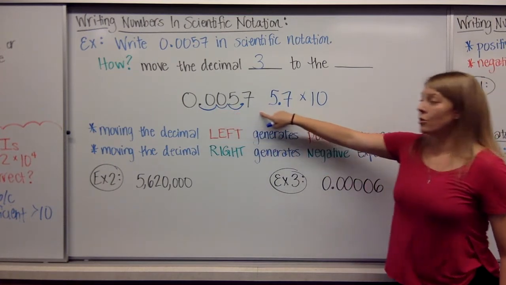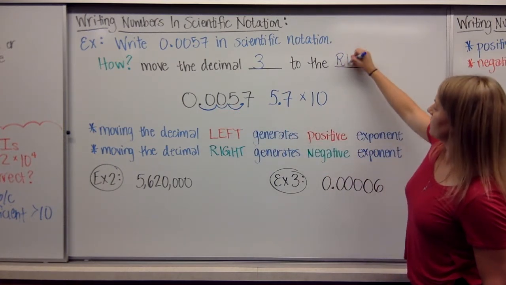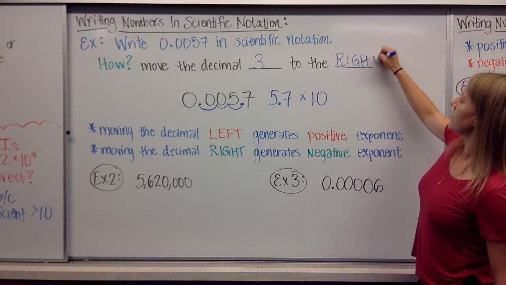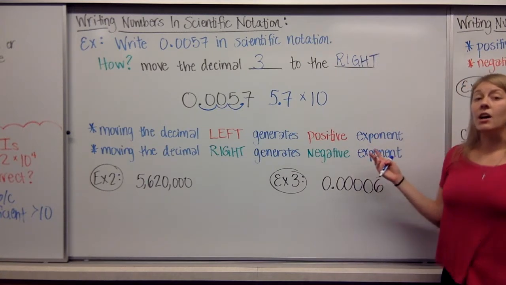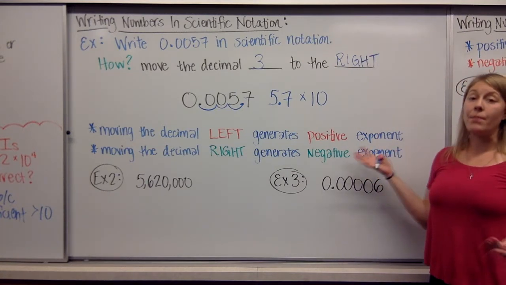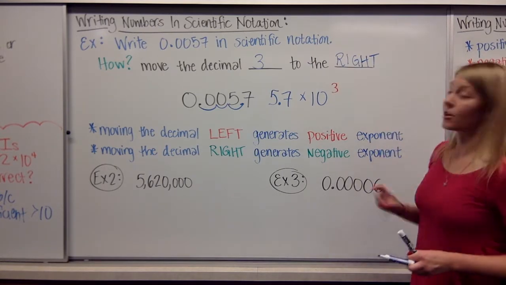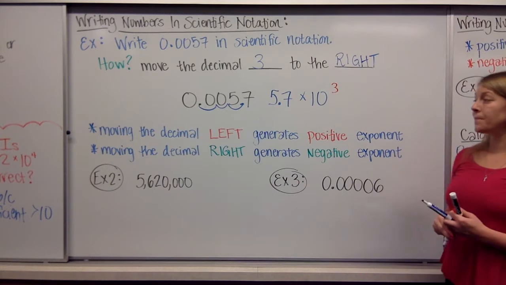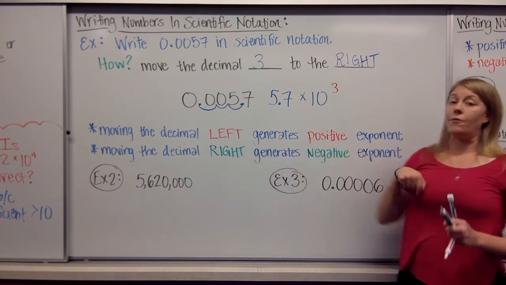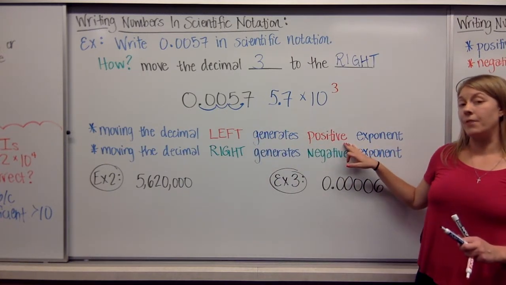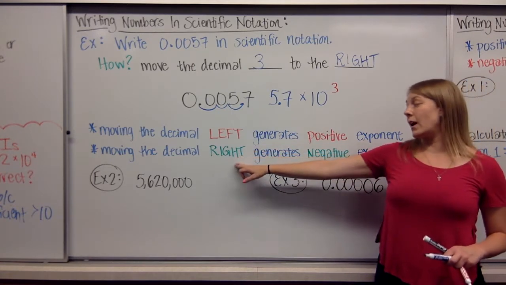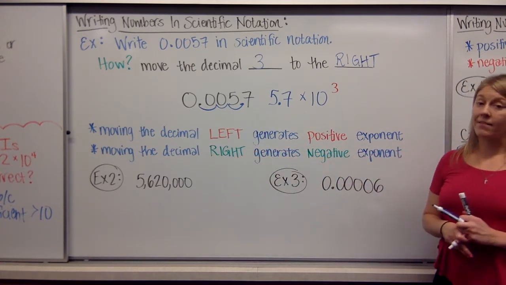I moved it to the right. Now my key down below tells us whether I'm going to have a positive or a negative exponent. If I move the decimal left, that generates a positive exponent. If I move the decimal right, that generates a negative exponent.